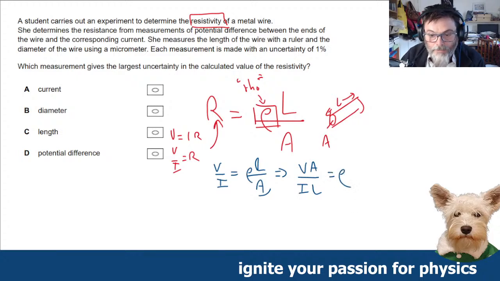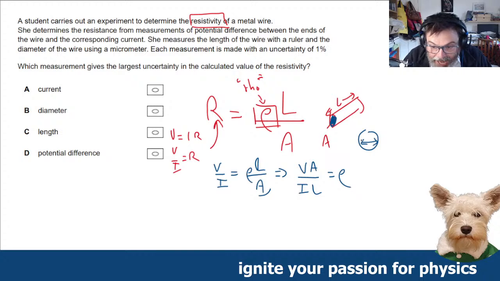Now there's one more problem here, and this is such a common question, I can't tell you how often this comes up. We want to know this resistivity and we have to use the cross-sectional area. If it's a wire, it's just a circle. And our student here is measuring the diameter.